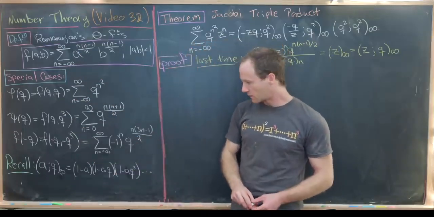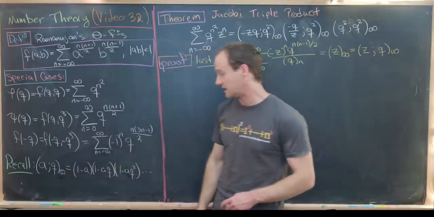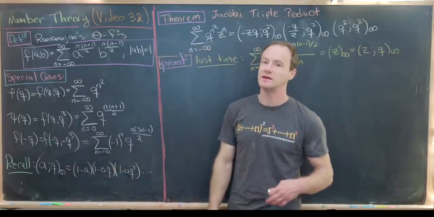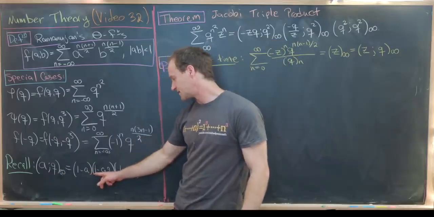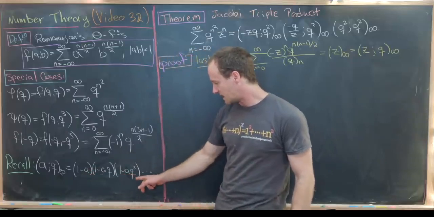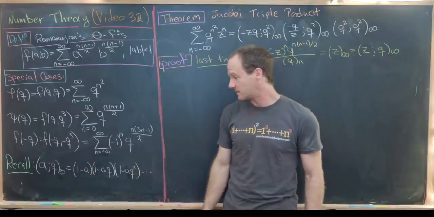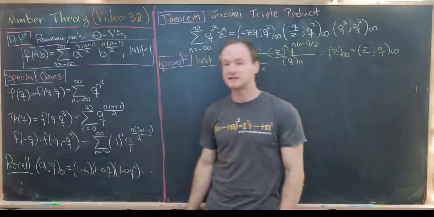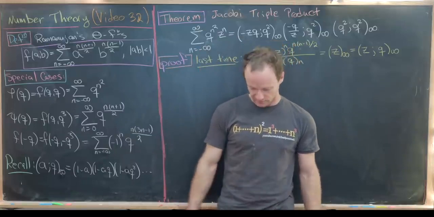Now I want to recall a little bit of notation as well, and that's this Pochhammer symbol (a;q) infinity, or (a;q)_n more particularly. That's the product, 1 minus a, 1 minus aq, 1 minus aq squared, and so on and so forth. That extends infinitely. Now, if we had an n here instead of an infinity, there would be n terms in the product, as we saw in the last video.